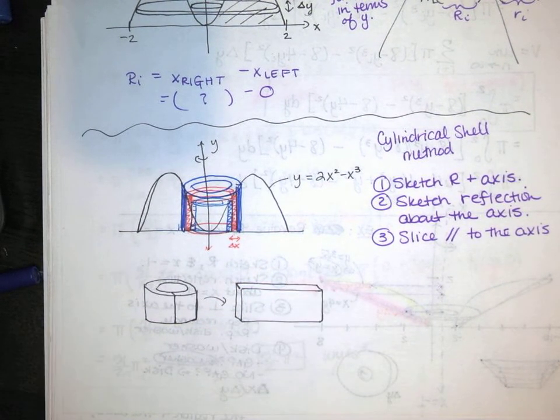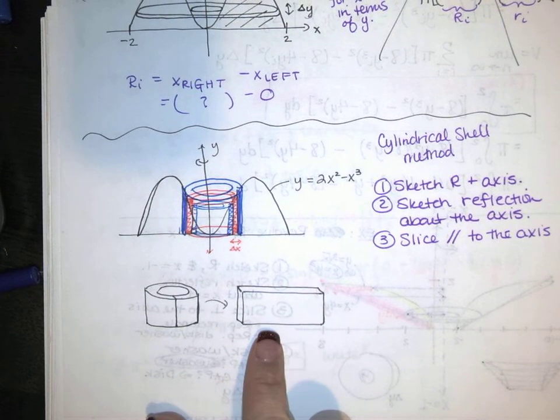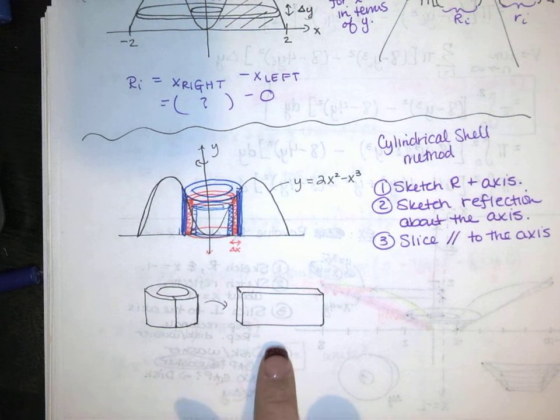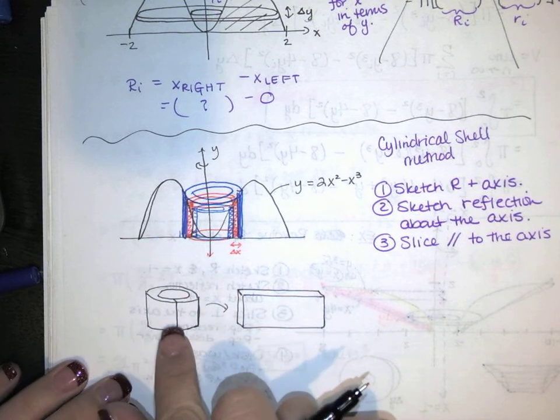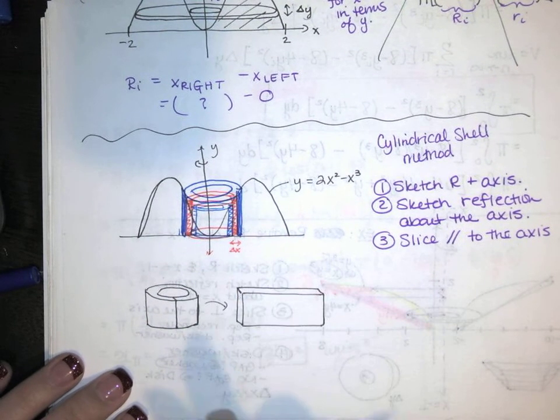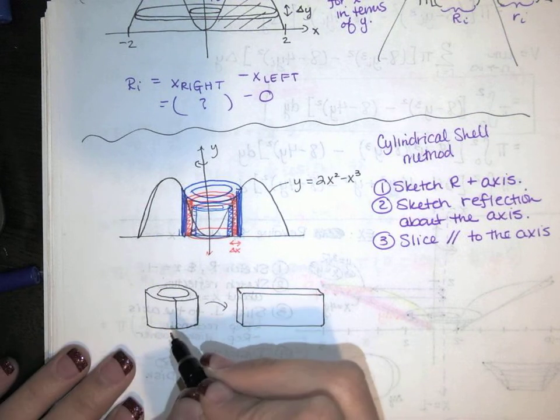So I get that. Now that's just a rectangular slab. I can find the volume of that pretty easily. It's just length times width times height. You just have to find the length, width, and height in terms of properties of this shell or properties of this curve over here. Okay, so let's think about it.